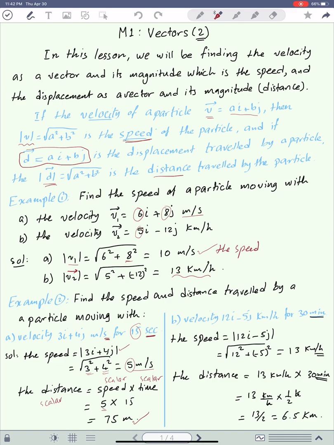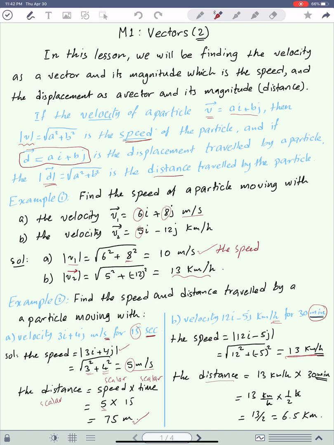Part B, find the distance. The velocity is 12i minus 5j kilometer per hour for 30 minutes. So you are given the velocity in kilometer per hour and time 30 minutes. We find the speed normally. That's the square root of 12 squared plus minus 5 squared, it's 13 kilometer per hour. We need the distance.